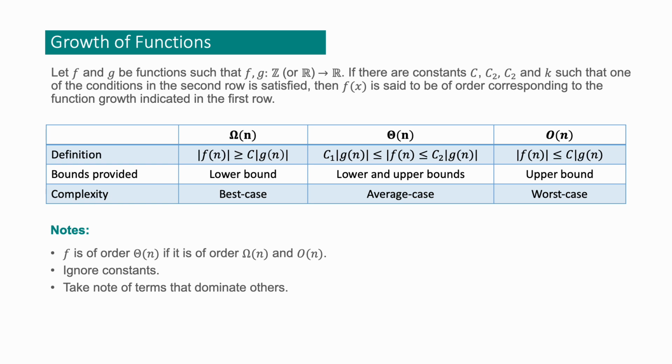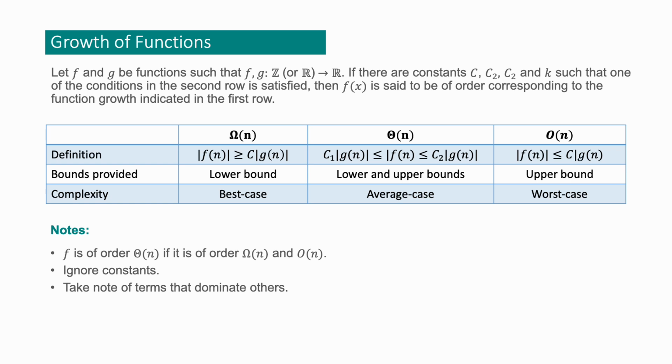That's why it's called the worst case. The algorithm can perform as long as its worst case is here. It's defined by g. It cannot go beyond that. For the best case, that's the lower bound.